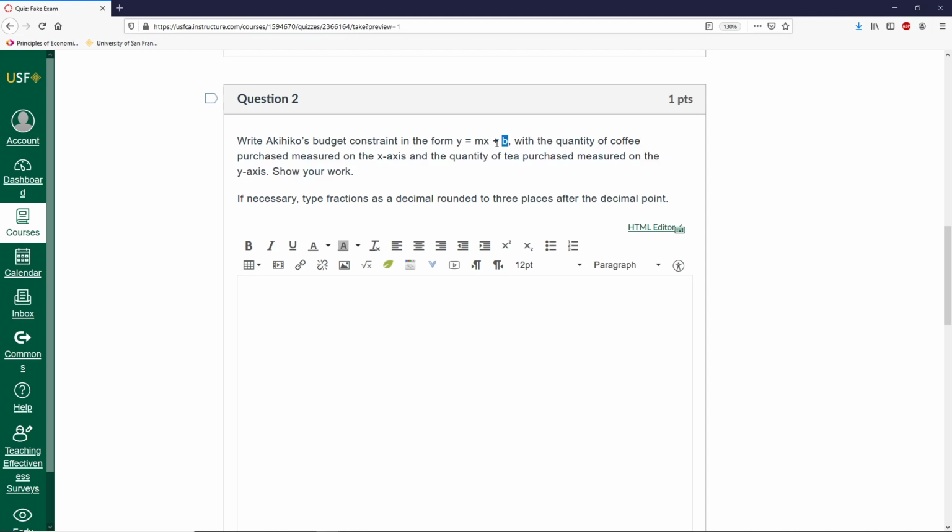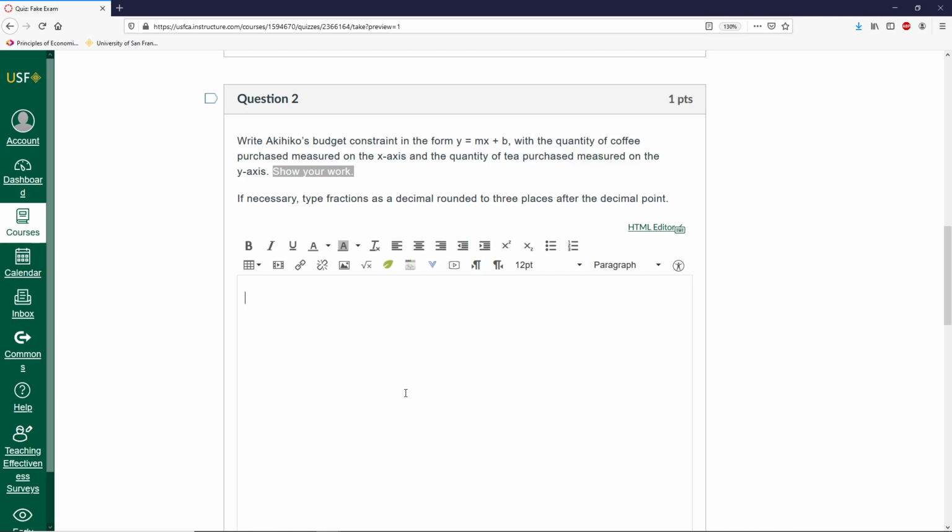Again, from chapter 2, we know how to convert the budget constraint to this form. But it's saying specifically quantity of coffee should be on the x-axis, quantity of tea should be on the y-axis. So just make sure you pay attention to that. That's important. It also says to show your work.